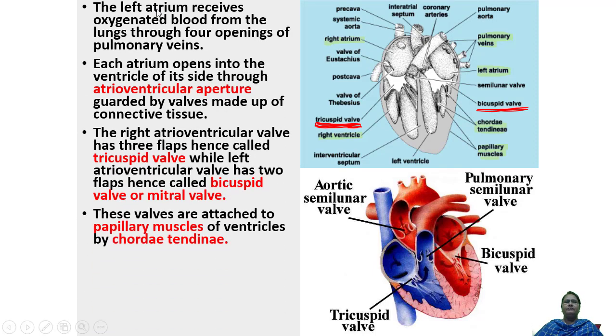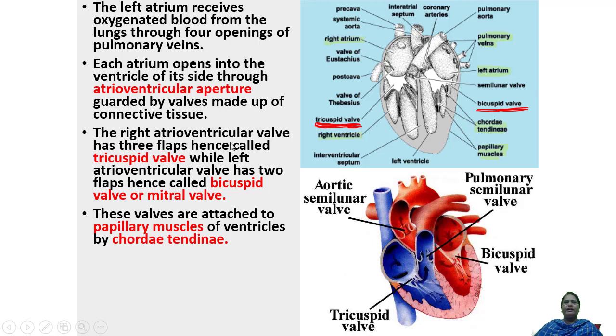Now the left atrium receives oxygenated blood from the lungs through 4 openings of the pulmonary veins. Each atrium opens into the ventricle of its side through the atrioventricular aperture. It is guarded by valves made up of connective tissue.